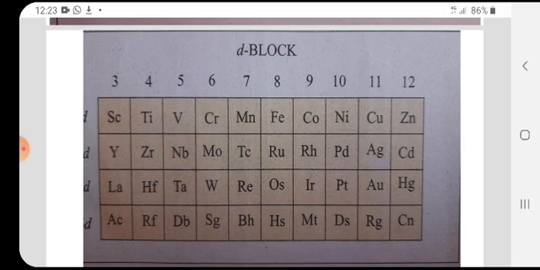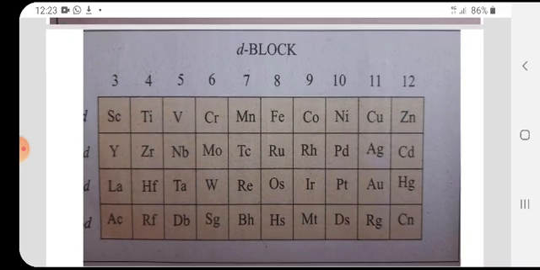However, zinc, cadmium, and mercury, which have the configuration (n-1)d10 ns2, do not show most of the properties of transition elements. In a way, transition metals form a bridge between the chemically active metals of the S block and the less active metals of groups 13 and 14, and thus take their familiar name, transition elements.